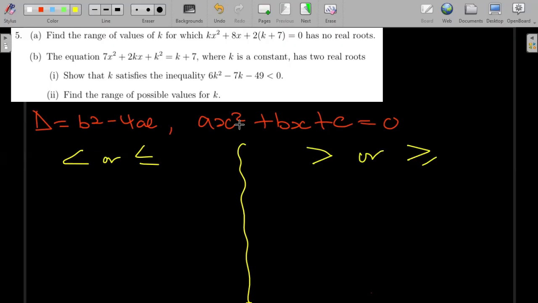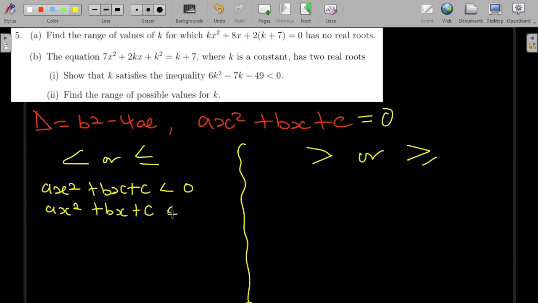Sometimes we are asked to find the range of values of x in a quadratic inequality. So we can get any inequality that we can choose from here. Let me leave this one the way it is, and here I'll put ax squared plus bx plus c less than 0, or we can have ax squared plus bx plus c less than or equal to 0.